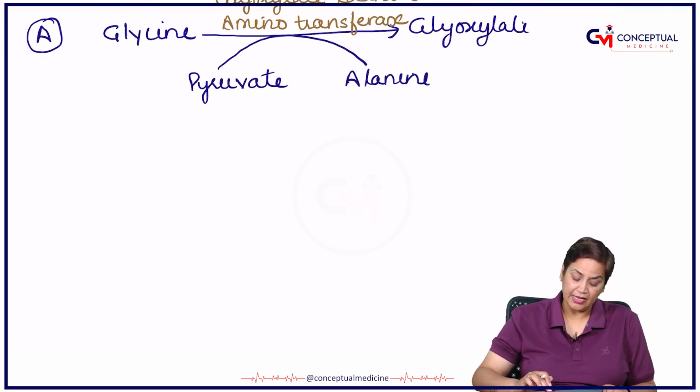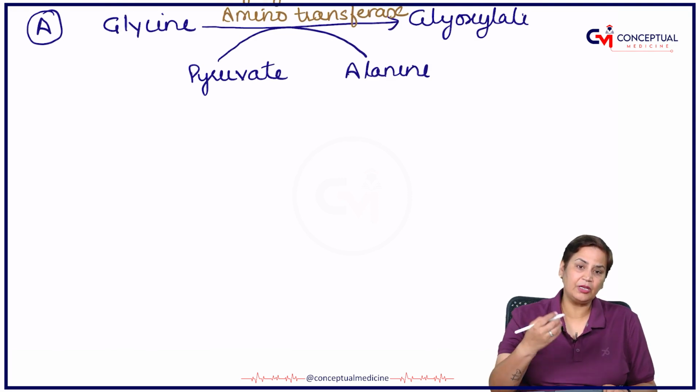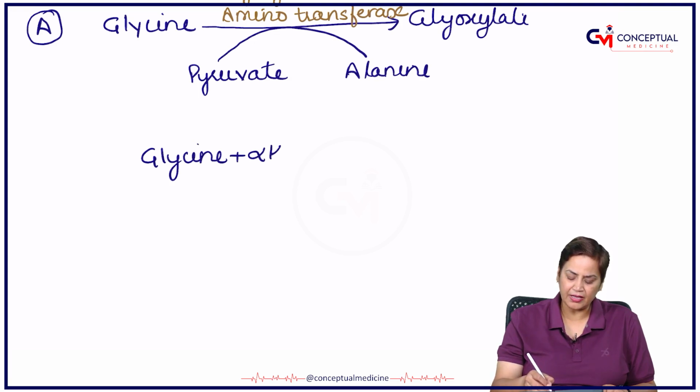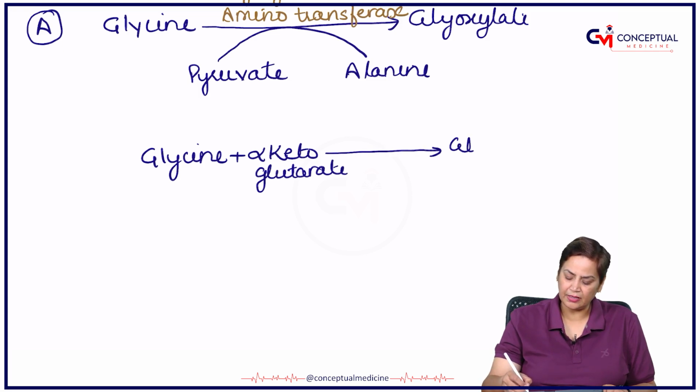Then glycine, being an amino acid, will also undergo transamination. So transamination is simple: glycine plus alpha-ketoglutarate will form glutamate and glyoxylate.